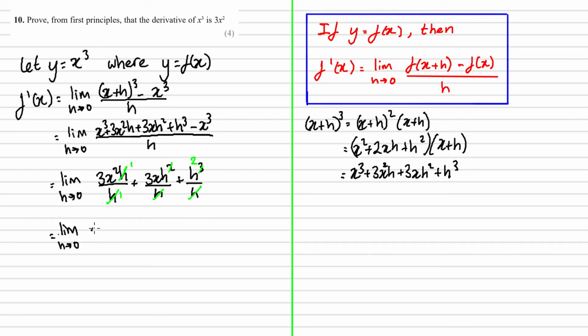So we are left with 3x squared plus 3xh plus h squared. Okay, now as h tends to 0, this term becomes 0 because it's 3x times something close to 0, and then 0 squared is 0, so we're just left with 3x squared.